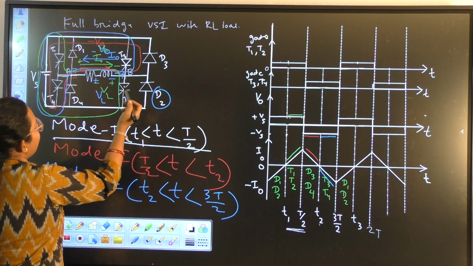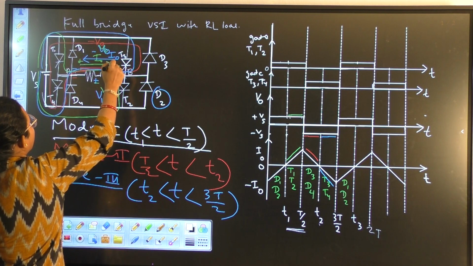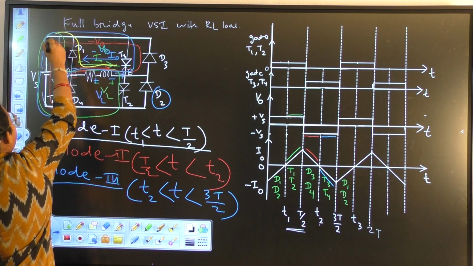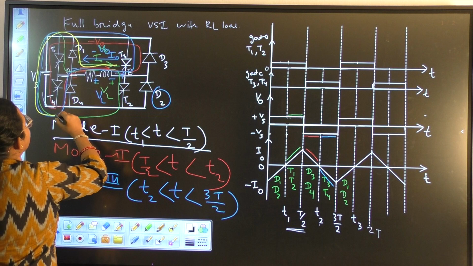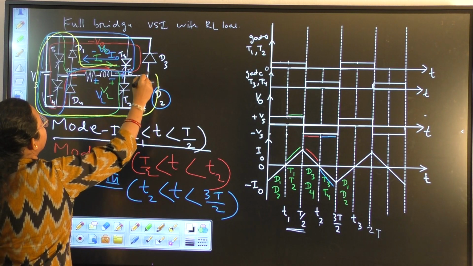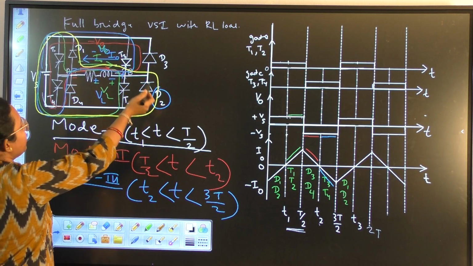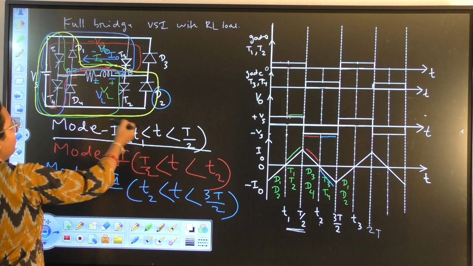How will the current flow? Current will flow from load to D1, back to source, then to D2, then to load. So current will be flowing from D2 to load to D1 to VS to D2.